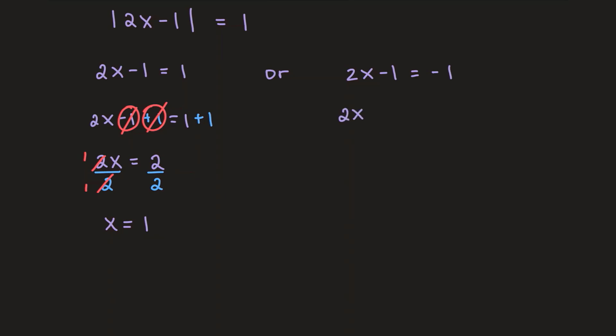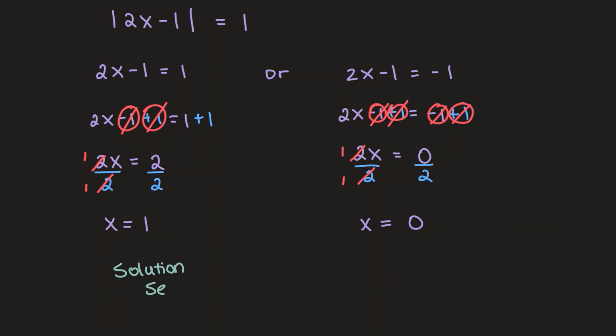For the other equation, we also add 1 to both sides. Simplifying, we get 2x equals 0. Then we divide both sides by 2, and we get x is equal to 0. And that's it. So our solutions are 1 and 0.